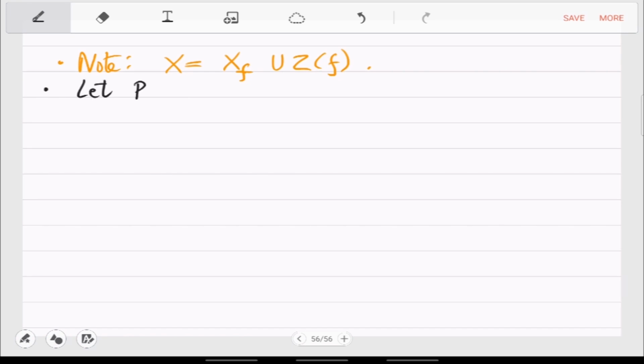Let P be a point in X_f. If P is in X_f, then, oh, this is trivial, sorry, this is trivially disjoint.